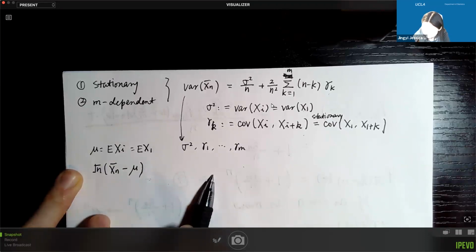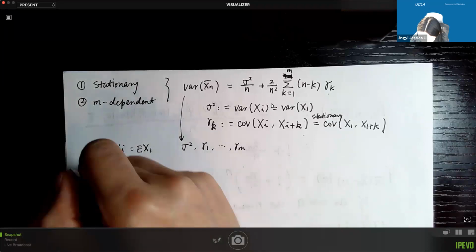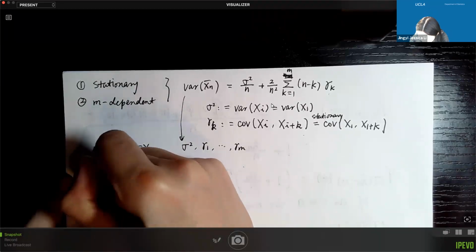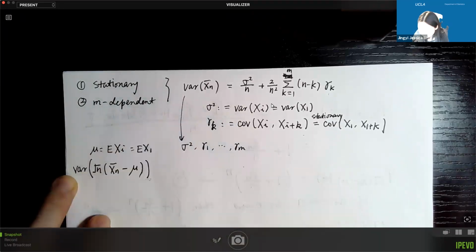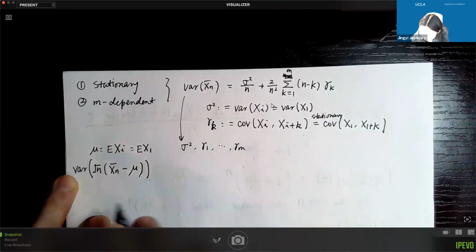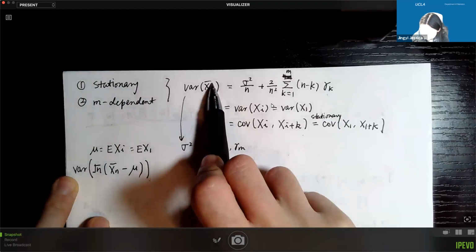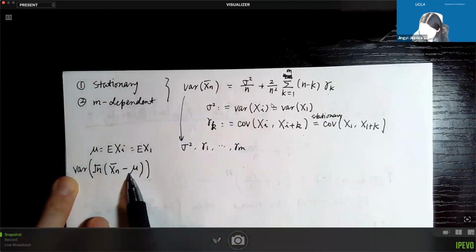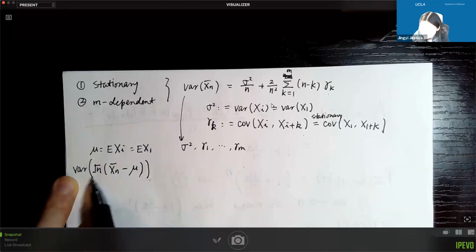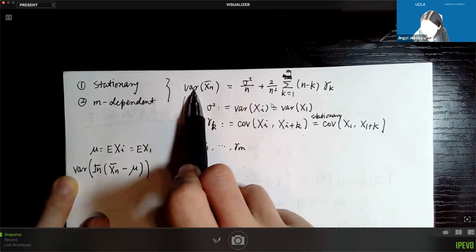But before doing that, we want to get a sense of its variance. Before we talk about its asymptotic distribution, we first calculate the variance to get a basic sense. Last time we derived this. The shift by mu doesn't change the variance at all, and the multiplication by root n multiplies the variance by n.